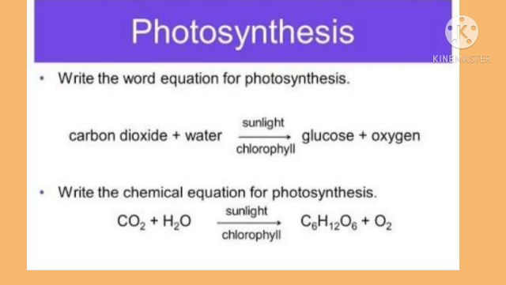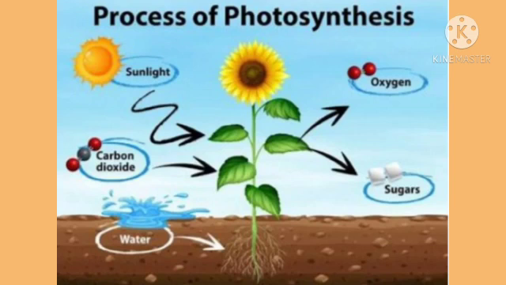So this solar energy of the sun is trapped by chlorophyll and changed into chemical energy in the form of glucose and starch. And then the plant uses glucose and stores extra energy as starch.